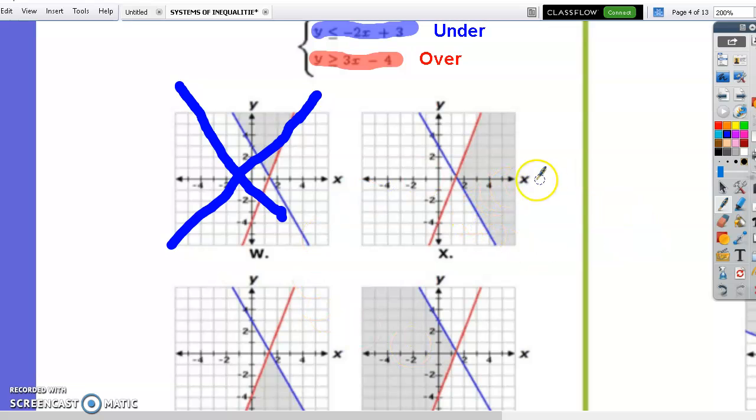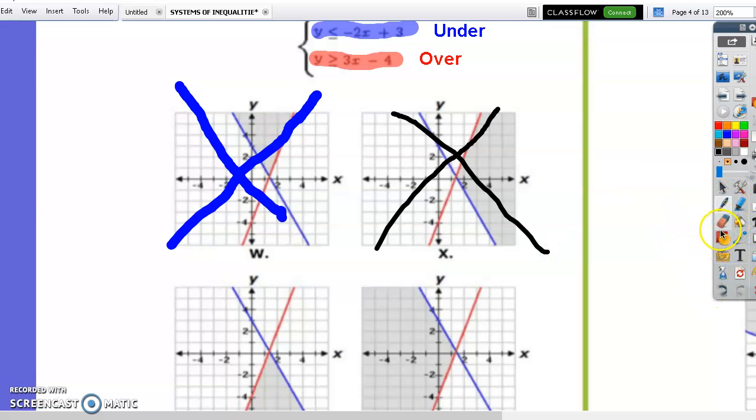For the next, for this X, here's your blue line. If you were to put your right hand over it, you're shading above it. This is shading above your blue line. Again, you're looking for it to be shading under it, and that's not the case here. So this cannot be your answer.